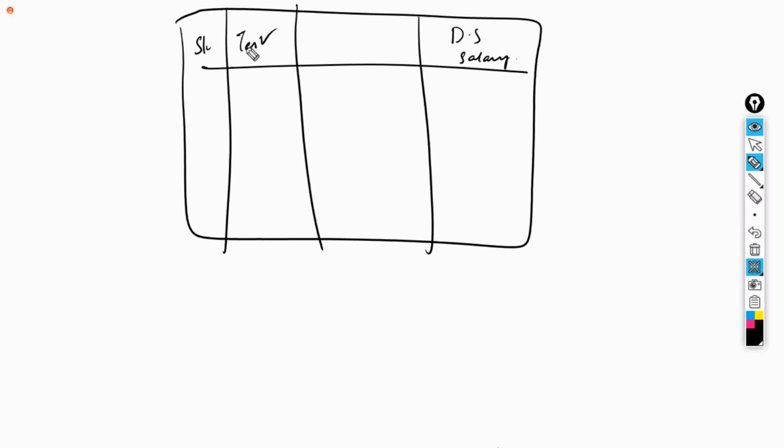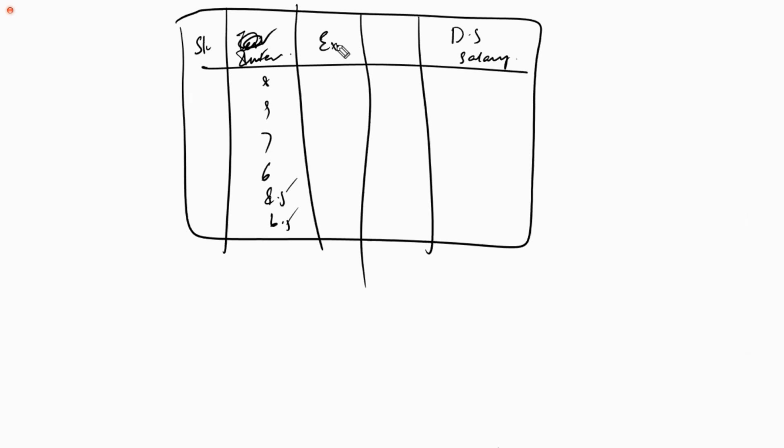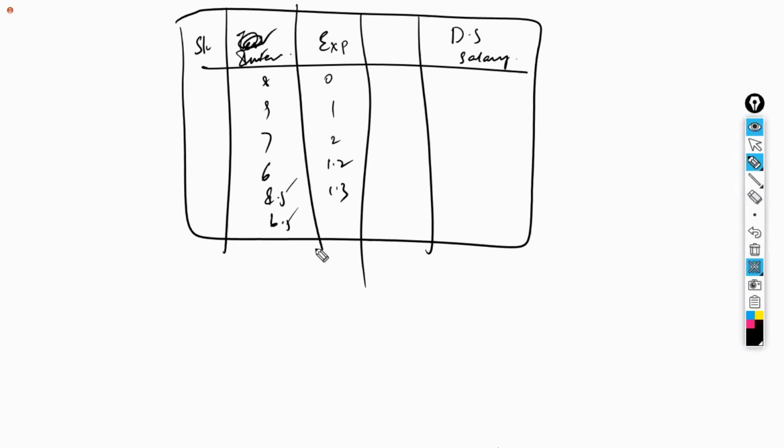You have got 8, 9, 7, 6, 9, 8.5, 6.5, something like this. And years of experience: 0 years, 1 year, 2 years, 1.2 years, 1.3 years, something like this.